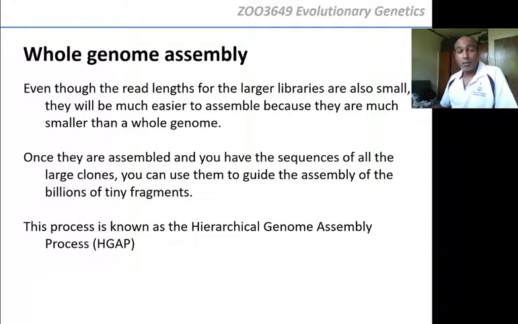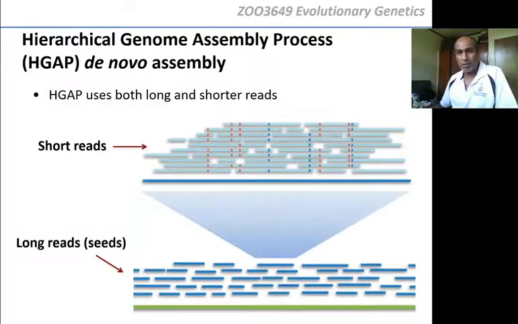The clones of the big sequences can be used as a guide to assemble the tiny ones, and this is the whole hierarchical genome assembly process. You will be examined about this. Don't memorize, understand. It's much easier.